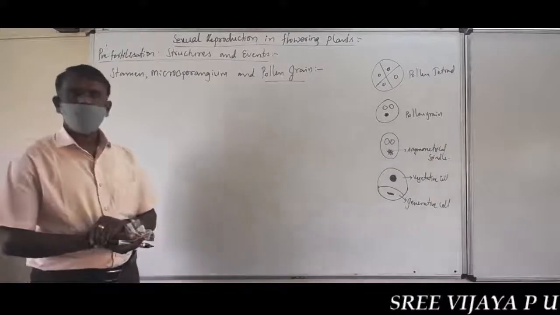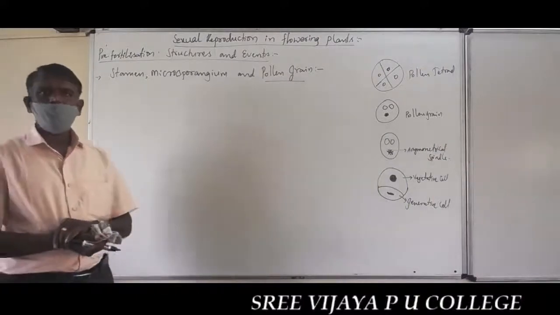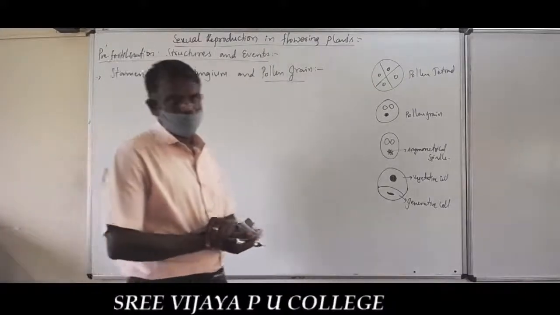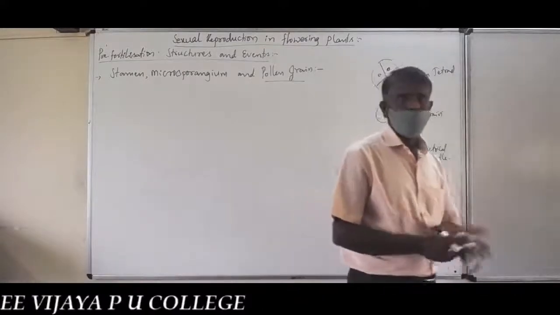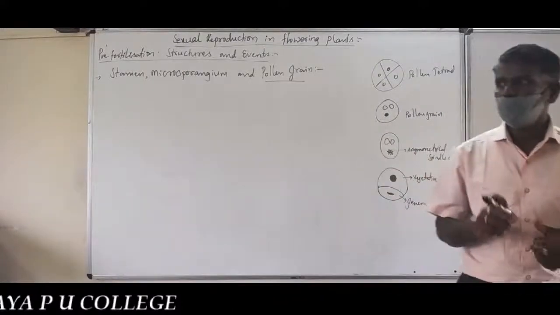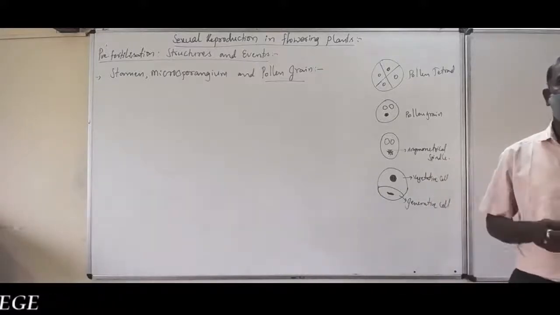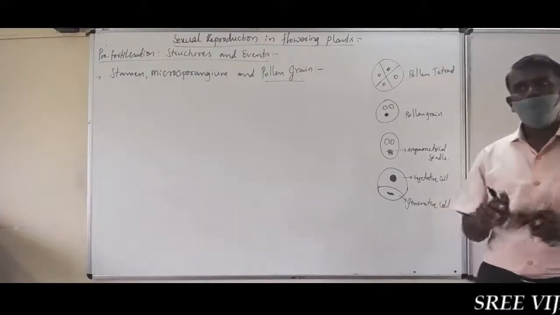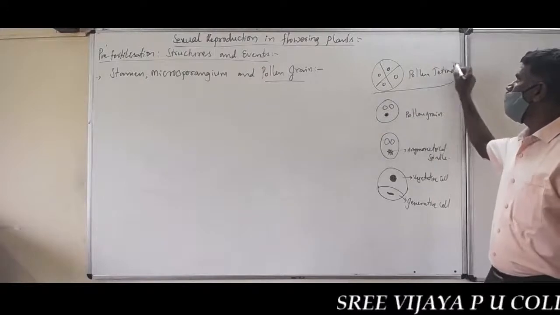The sporogenous tissue is involved in meiotic division to produce pollen tetrads. Primitively, they are in tetrad nature, because each sporogenous cell divides meiotically to produce four pollen grains, which are in contact with one another. This is the pollen tetrad.